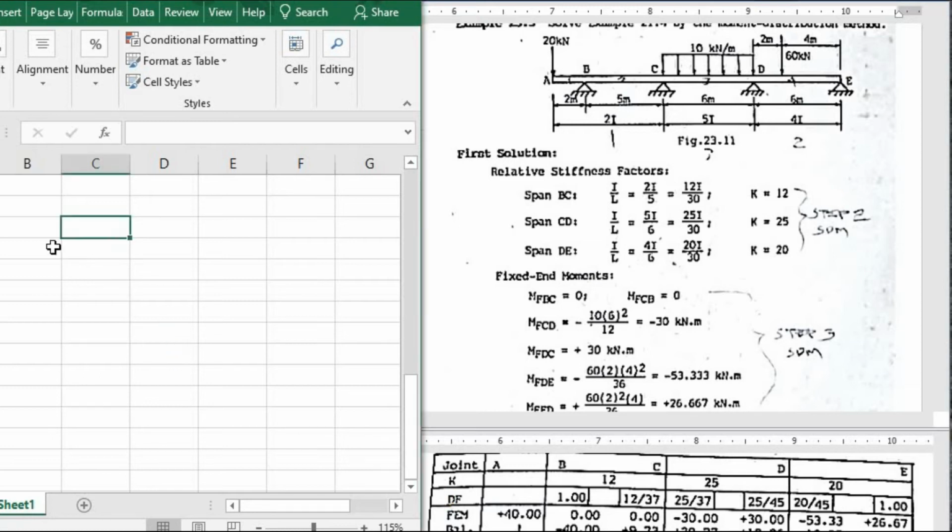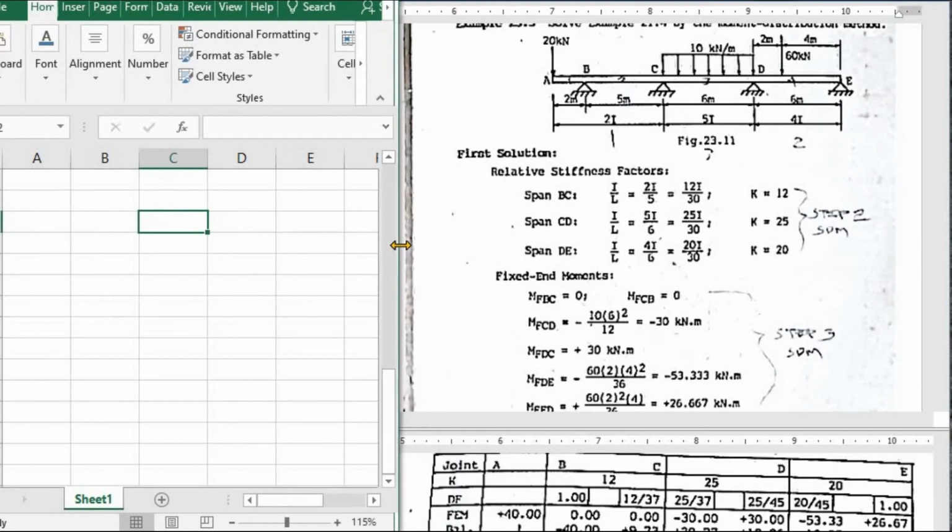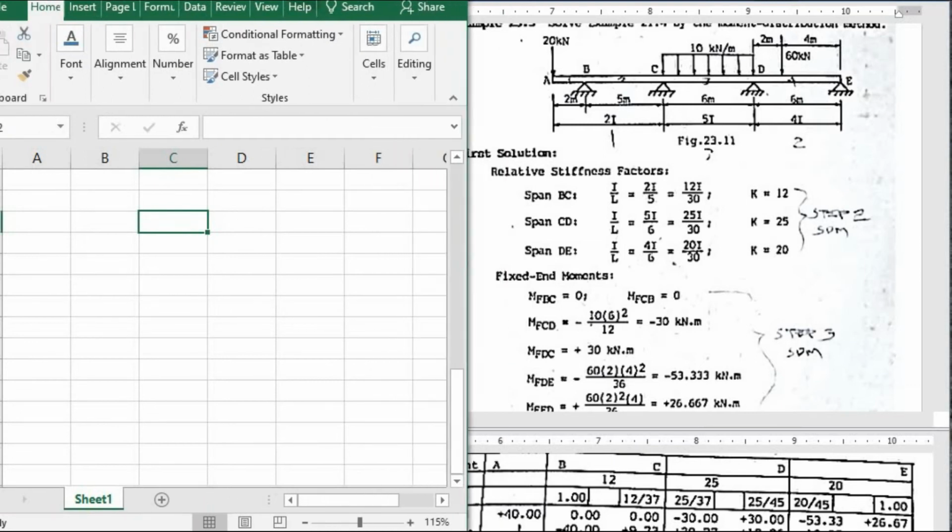Okay, so let's go to our Excel and make our 11 columns na table.